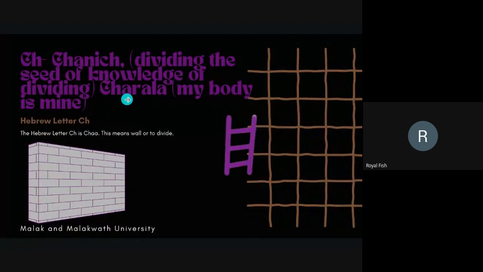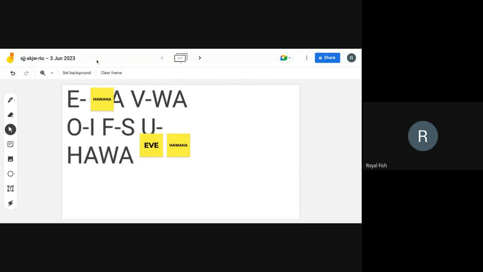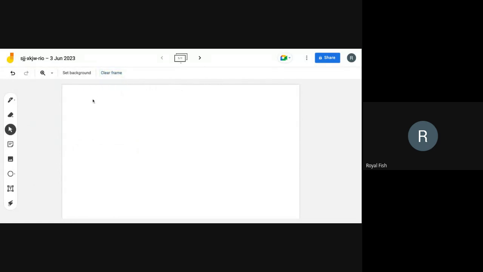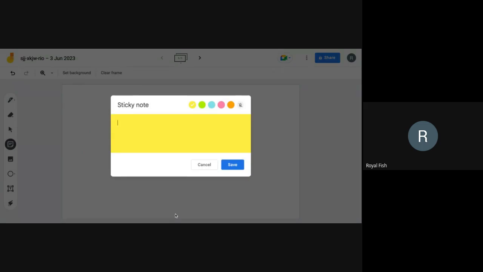Okay, so our next letter is Ka. So I'm gonna open up this little thing again, and let me clear it. Okay, so for Ka, I put the word Kanai. In Hebrew, Enoch, his name, in the Bible, they write his name like this.